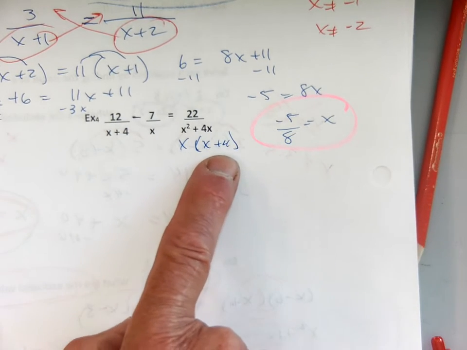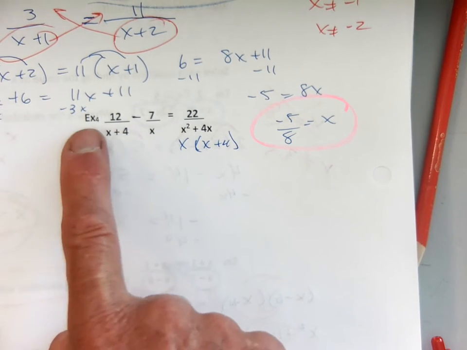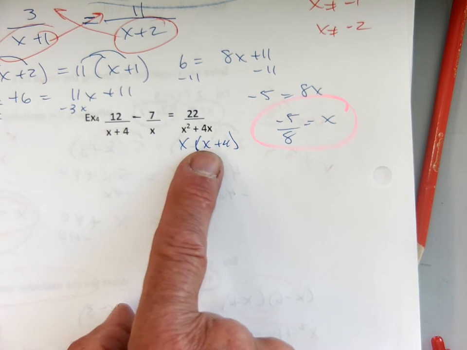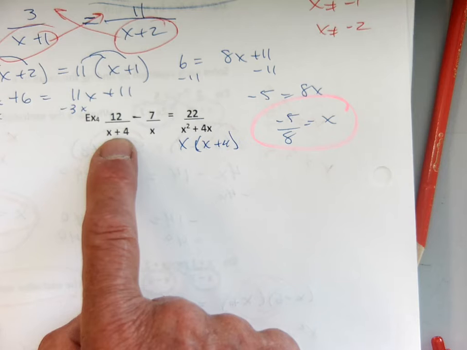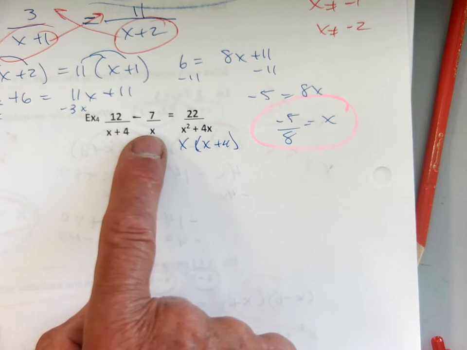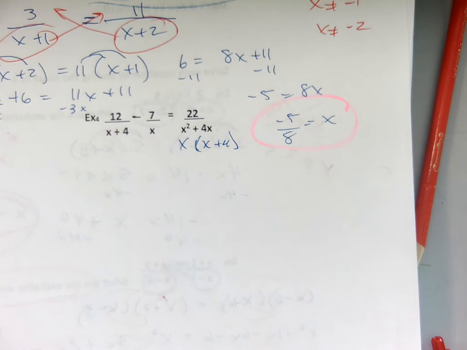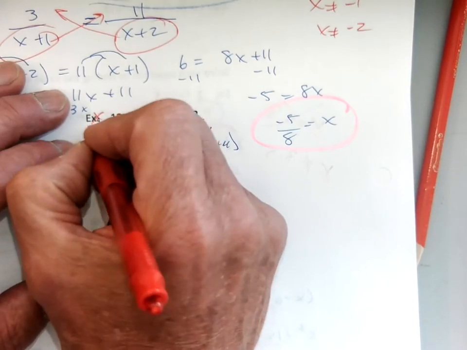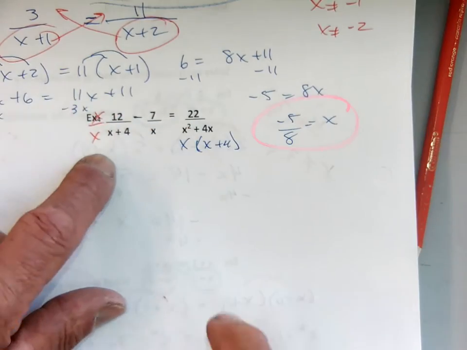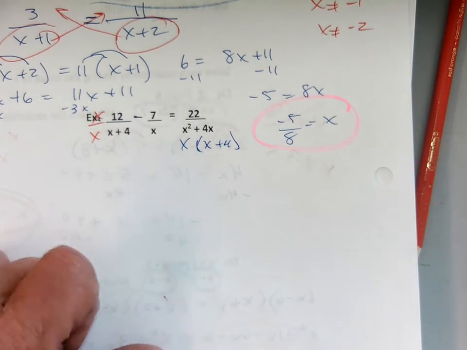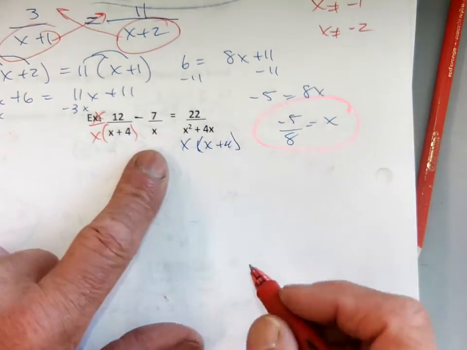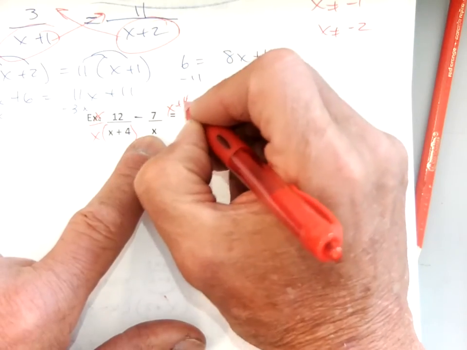To get a common denominator, it has to be true for all 3 fractions. Fraction 1 has an x plus 4, but it does not have an x. So I'm going to multiply it by x over x. Fraction 2 has an x, but it does not have an x plus 4.